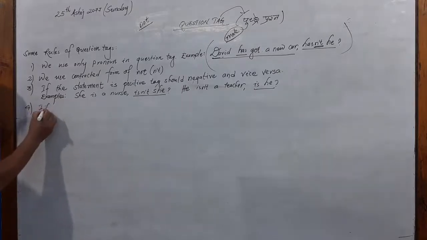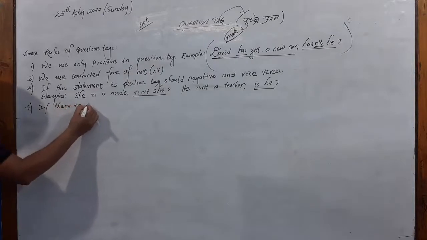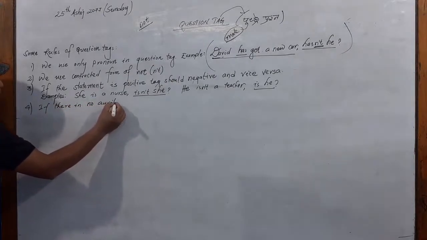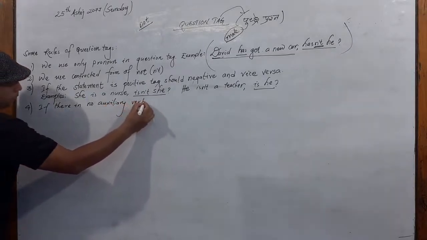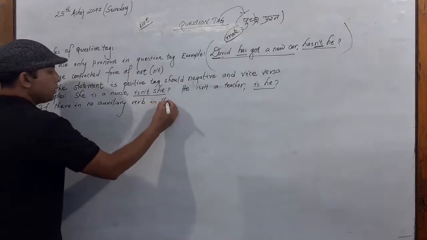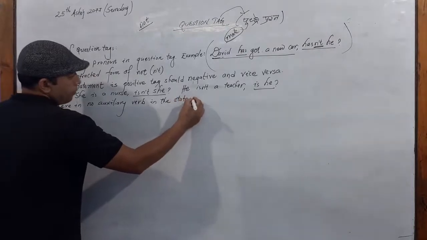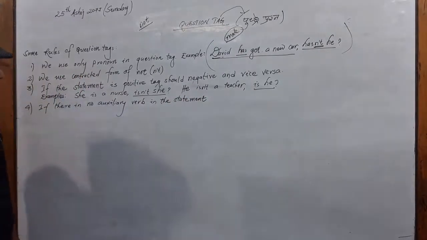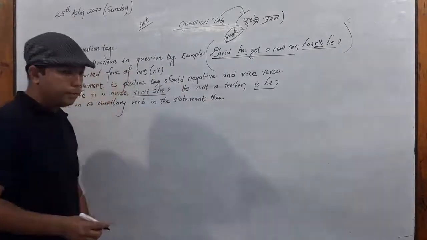If there is no auxiliary verb in the statement, then what should we do?